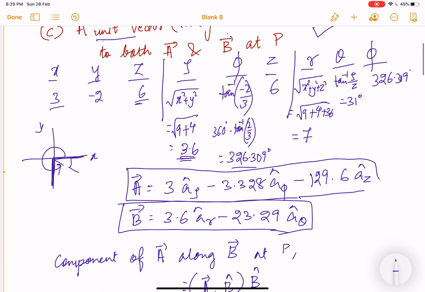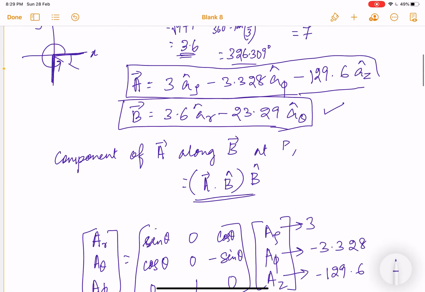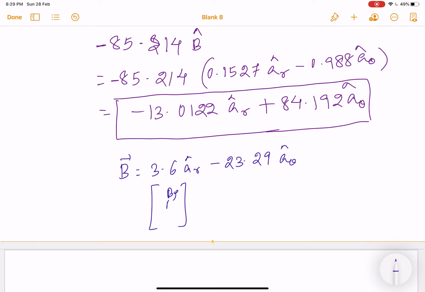So what is B vector? B vector is given over here: 3.6 A r cap minus 23.29 A theta cap. Let me write it over here. Then next is B rho, B phi, B z. To convert it into cylindrical coordinates, we use B r, B theta, B phi.